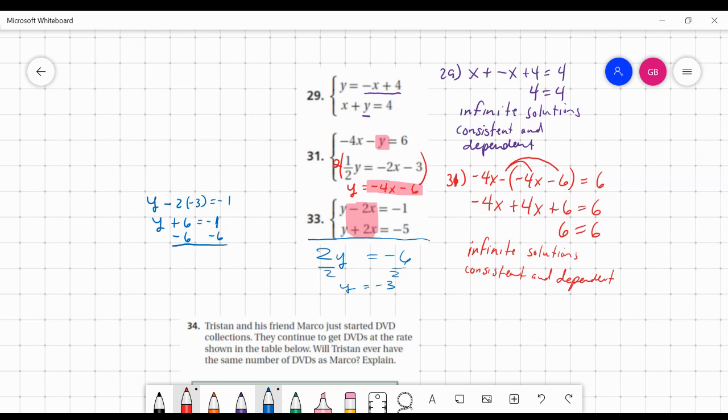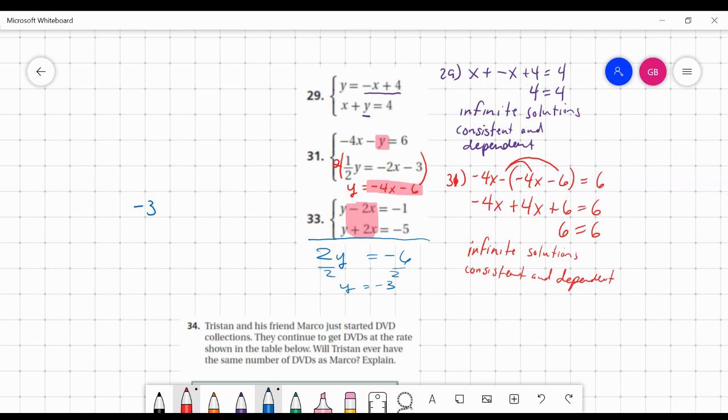Minus 6 on both sides. So y is equal to negative 7. Oops, I'm sorry. I plugged it in for x. This is incorrect. I was supposed to plug it in for y. Oops. y is negative 3.